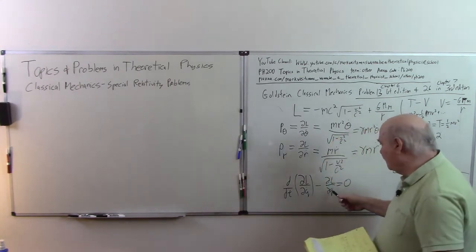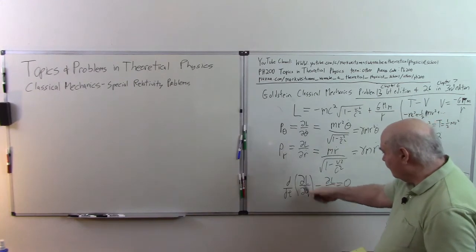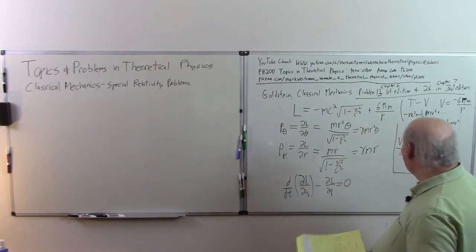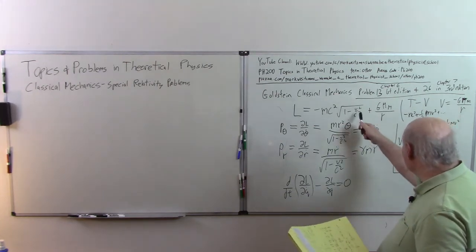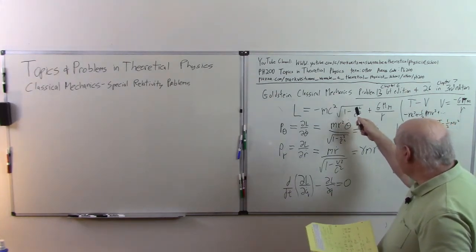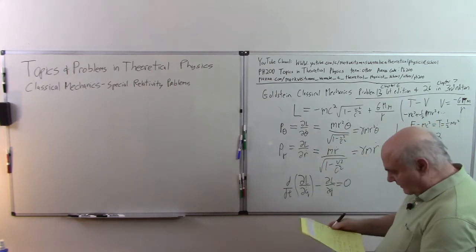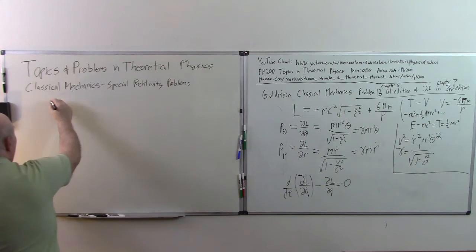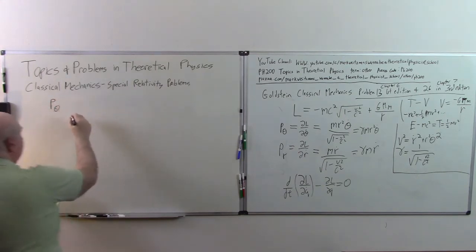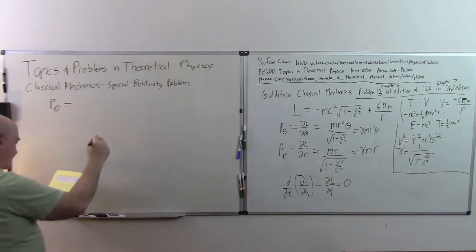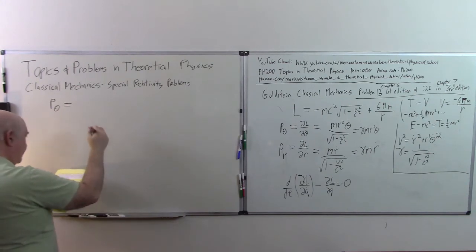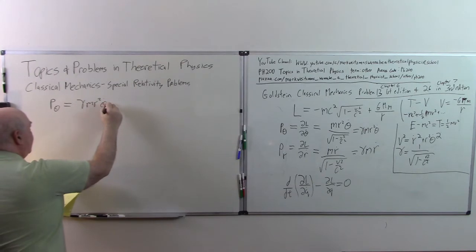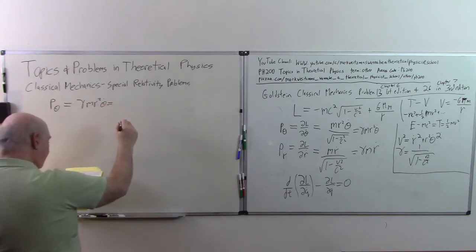So if q doesn't occur in the Lagrangian, then we have a conserved canonical momentum. In this case, theta is the only variable that doesn't occur in the Lagrangian. So let me write p theta is equal to gamma m r squared theta dot, which is equal to a constant.